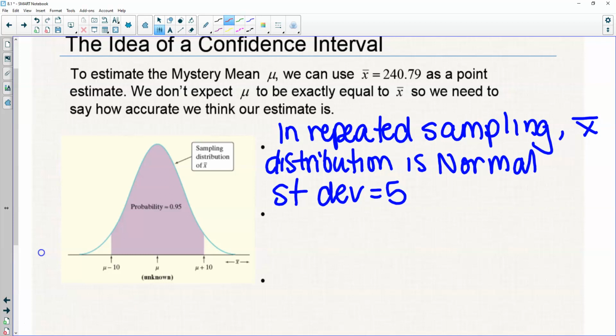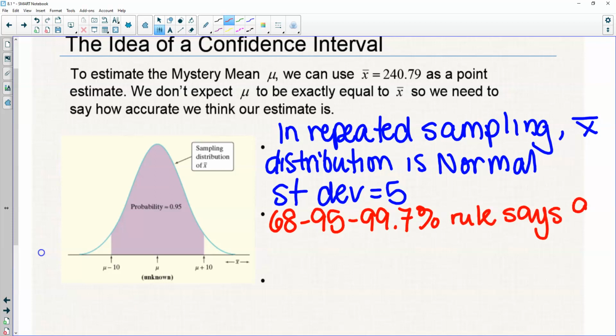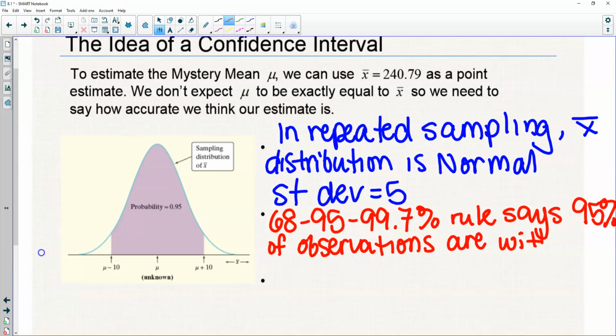If we look at the 68, 95, 99.7 rule, we know that 95% of all samples of size 16 would be within 2 standard deviations, since we are saying that it's normal. So 2 standard deviations is 10 of our mystery mean.